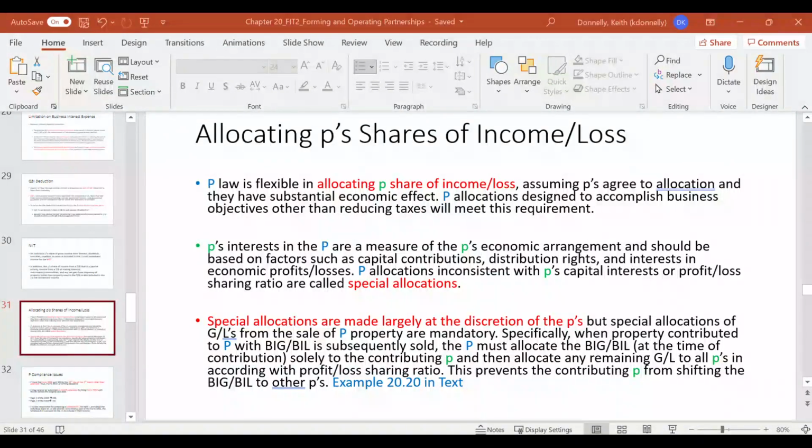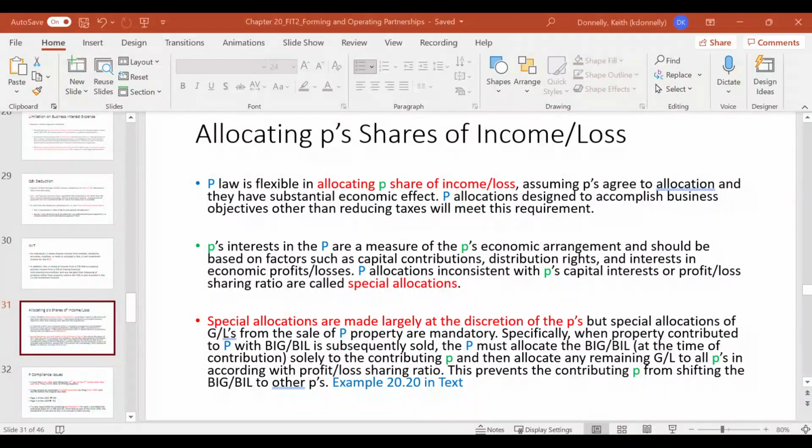You could also do it by virtue of how much you contribute to the partnership. Those with greater contributions would receive a greater percentage of ownership in the business and a greater percentage of profit allocated to them. The idea is partnership law is flexible, so there's not one set way you have to do it.